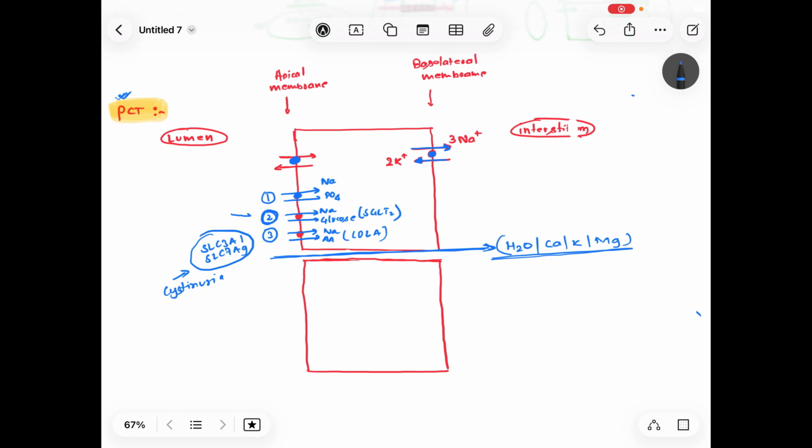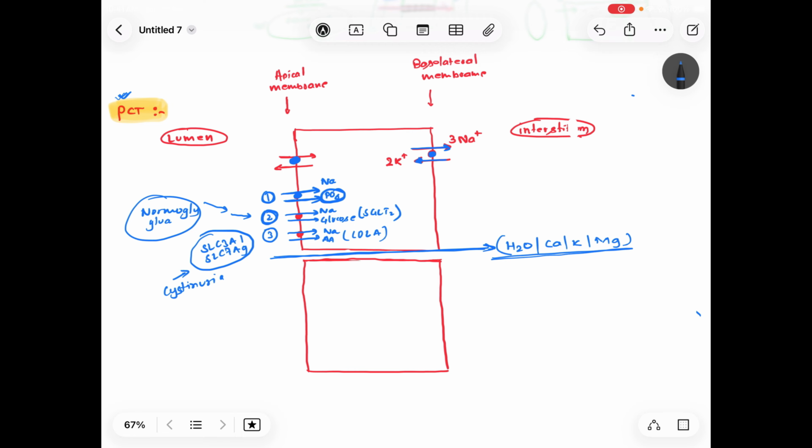A defect in this causes normoglycemic glucosuria. The inhibitors of this channel protein are the gliflozins, like canagliflozin. And the first one is sodium phosphate. A defect in this ion channel protein causes phosphaturia. Note, the majority of phosphate is absorbed by the PCT only. So a defect in the PCT causes phosphaturia, which is the reason for development of rickets.